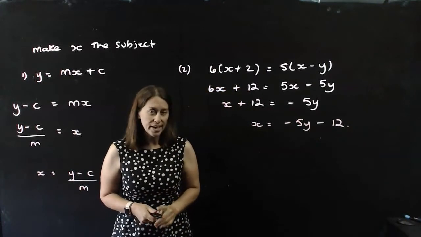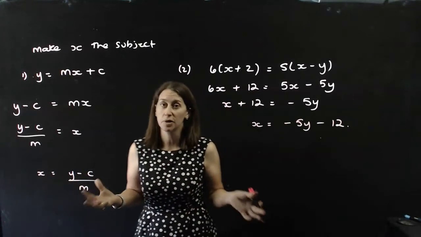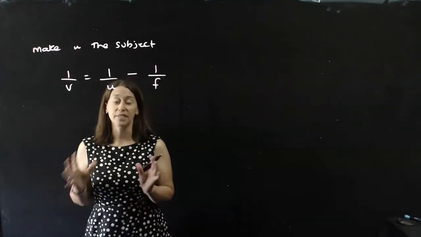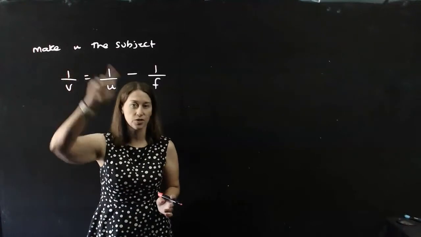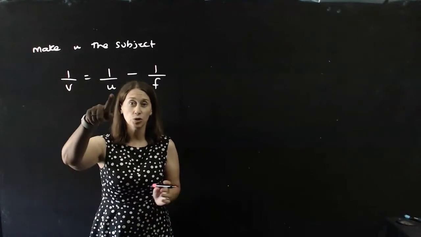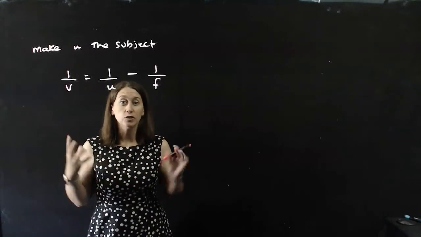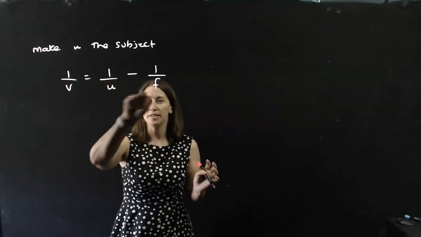Now there are some trickier ones that you may be required to rearrange. Perhaps they might involve a squared term, or perhaps they might involve fractions. This is clearly a much trickier one that we need to rearrange and make u the subject. We can see here that u is sitting on the denominator. So what I need to do is try and get rid of the denominators.